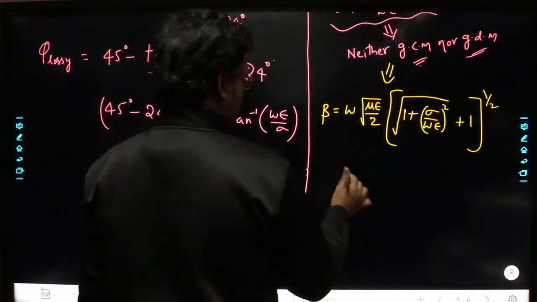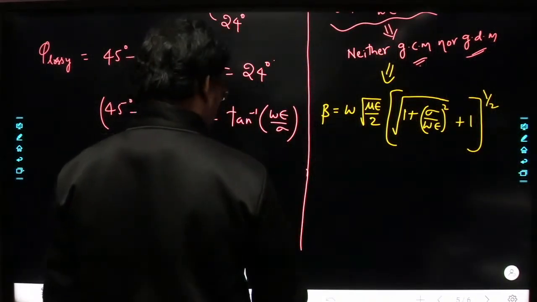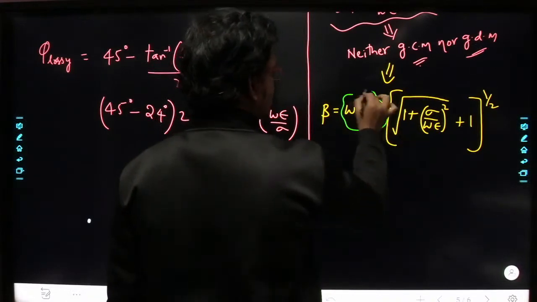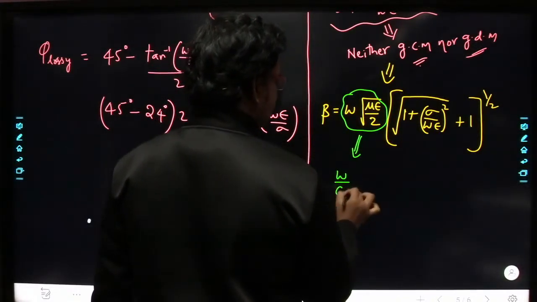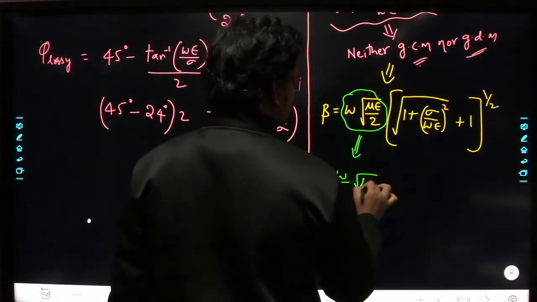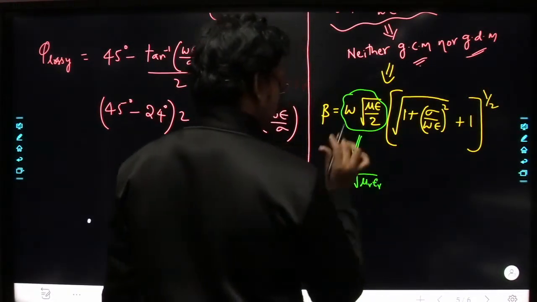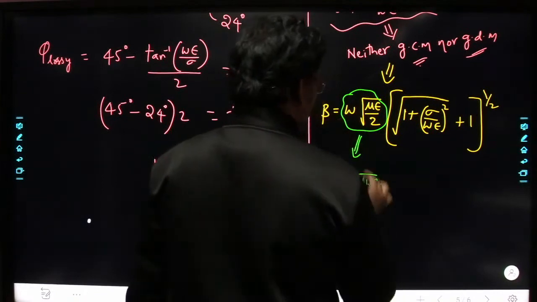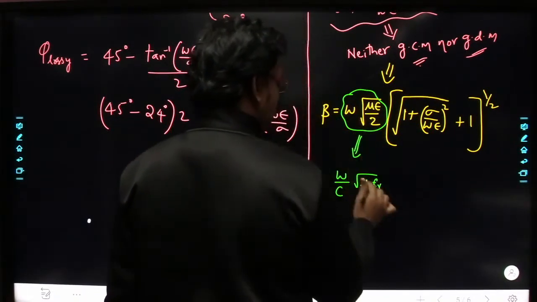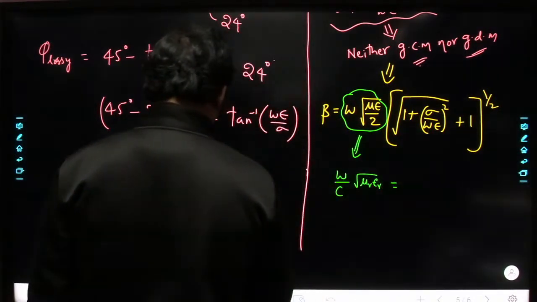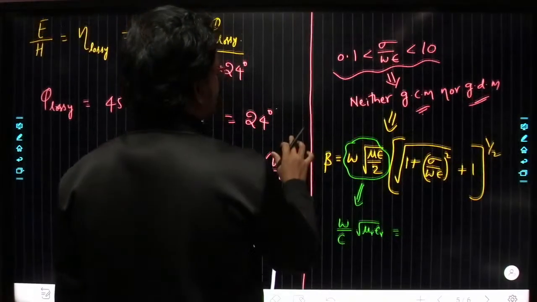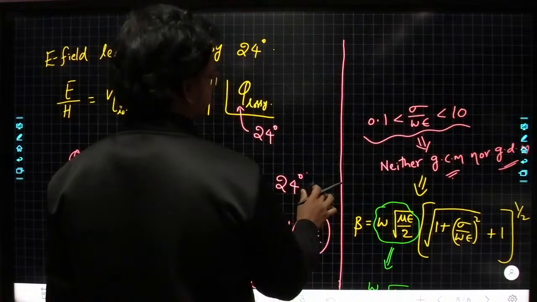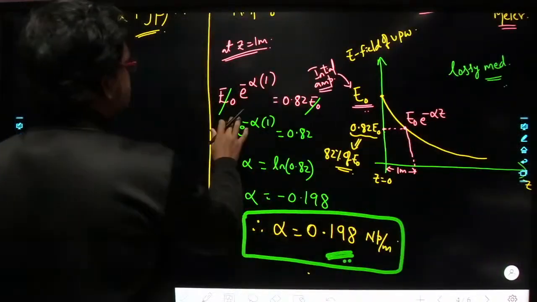I have already told how to determine this. So I can represent it as omega by c into square root of mu r epsilon r. What is this value? I am calculating it here. The frequency they have given is 10 megahertz.